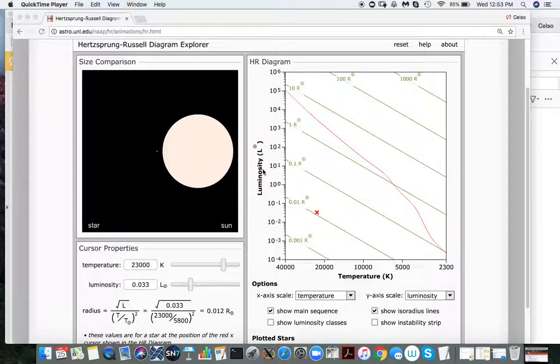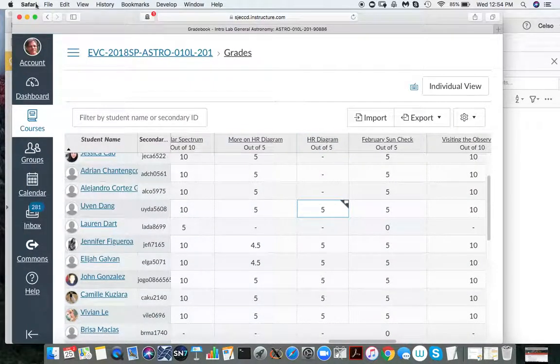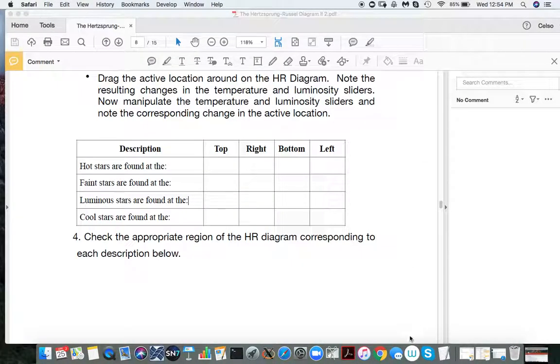Okay, so continuing, looking at the HR diagram. Oops, not here. Looking at the HR diagram.